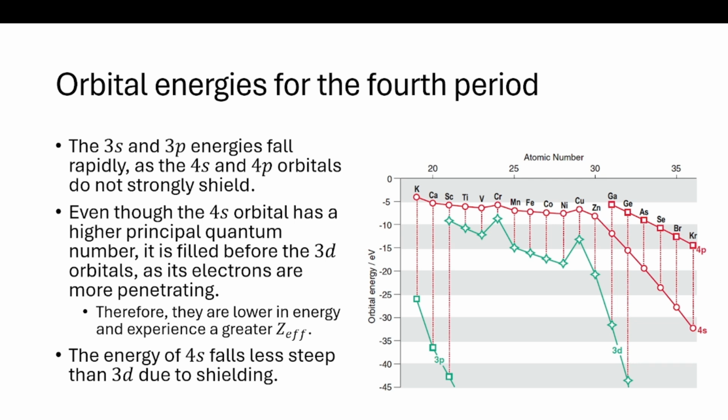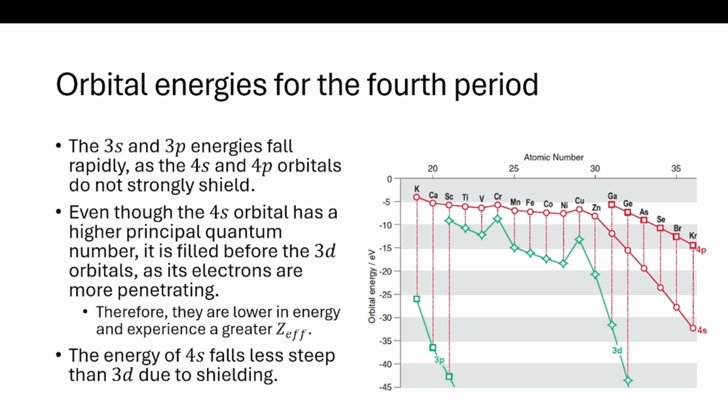But if you look at the electron configurations for these 4th period elements, then what's going to happen is that electrons are going to be filled in the 4s orbital first, even though it has a higher principal quantum number. Now, that specifically is because s orbitals are more penetrating than 3d orbitals.